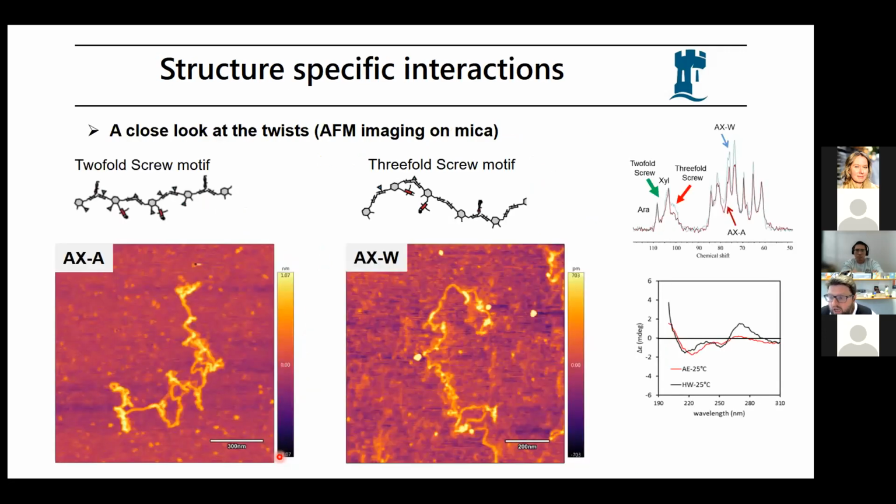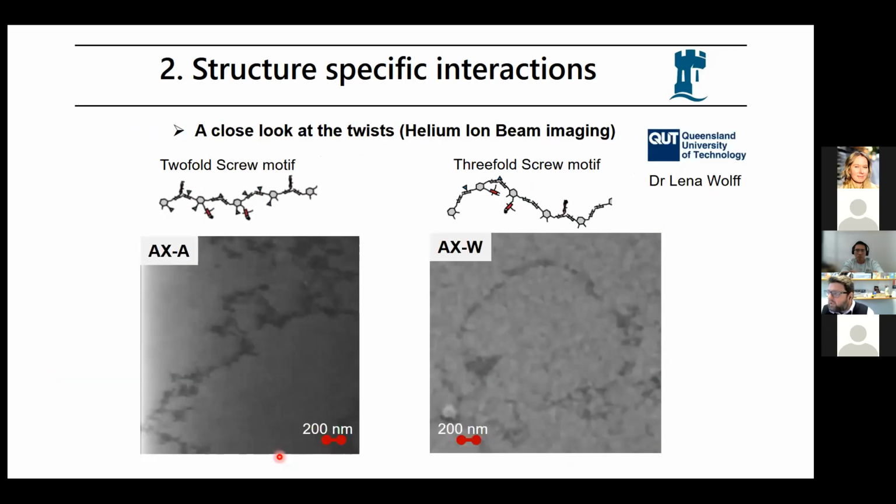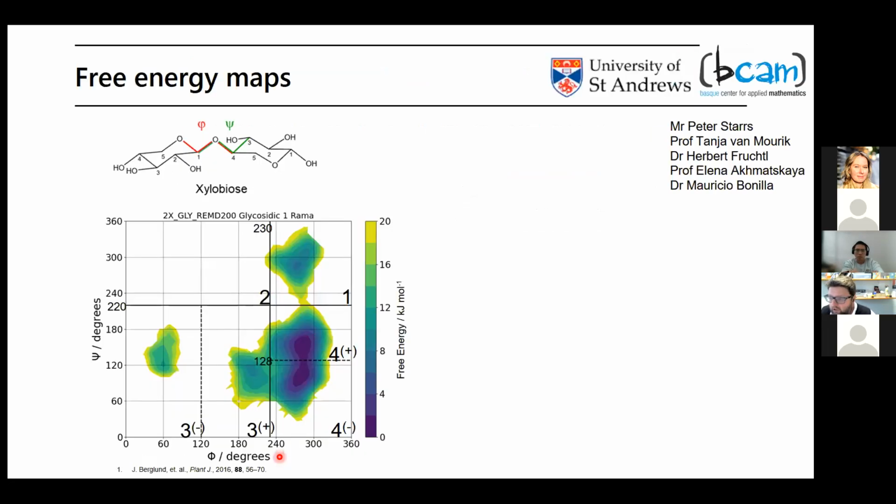And you can visualize those differences in the secondary structure using atomic force microscopy. We also collaborated with Elena Wolf at the Queensland University of Technology, who looked at these fractions using helium ion beam imaging, and you can see differences in the secondary structure and molecular arrangement.